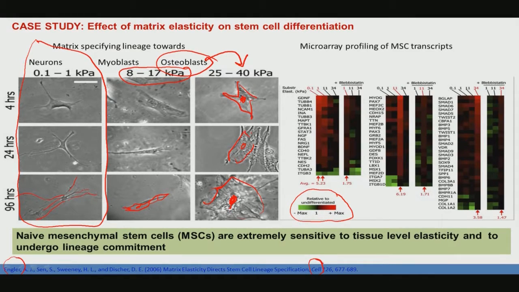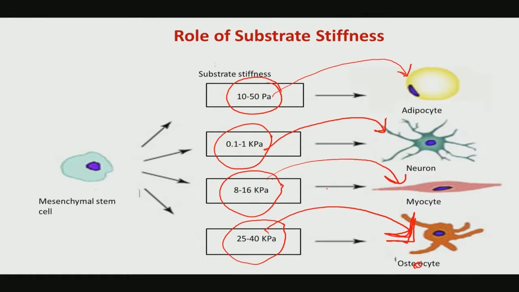What is the meaning of that? When stem cells are grown on these kinds of substrates, they feel as if they are getting a tissue-like substrate. In the case of neurons, they feel that this stiffness is good enough to differentiate to neurons, because neural tissue also has a similar stiffness value.